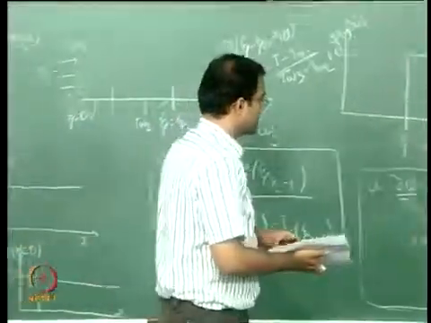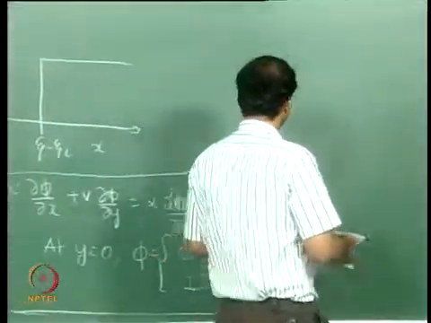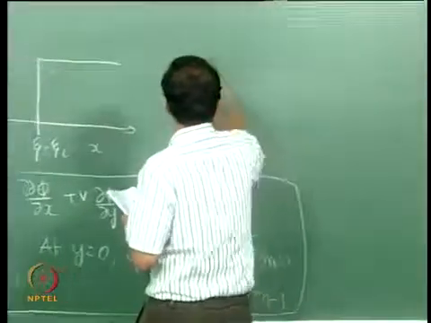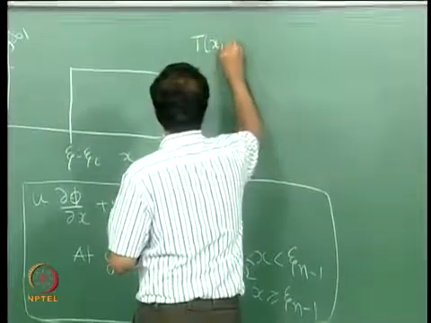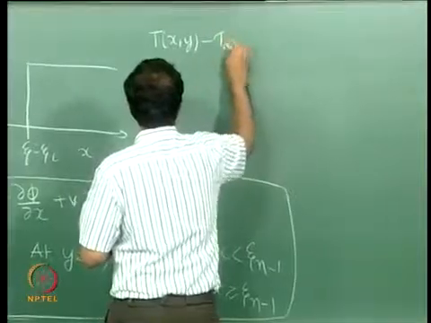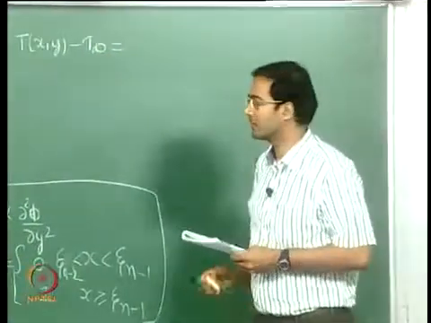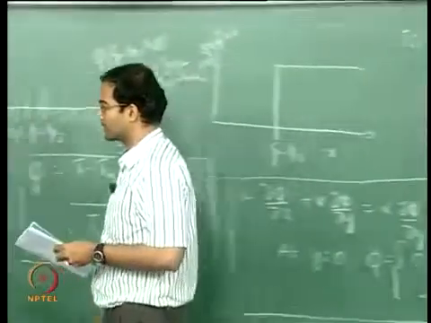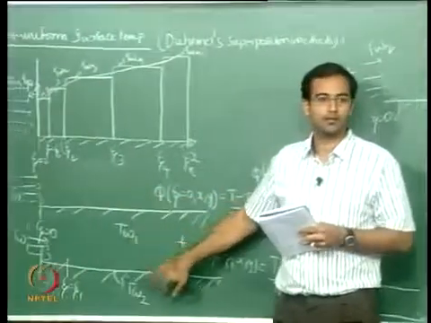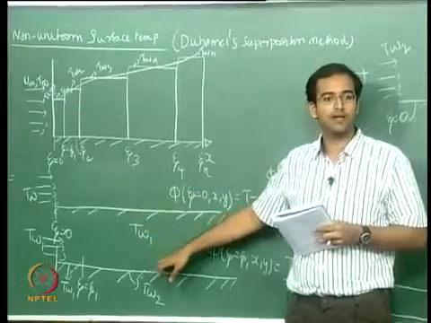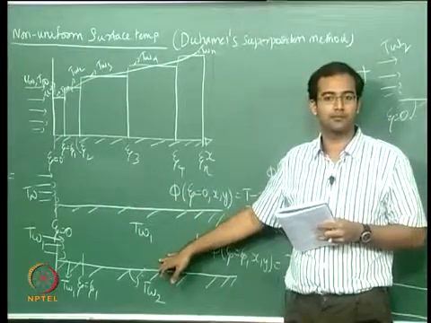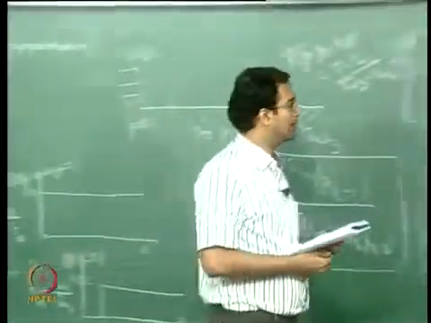Now therefore the solution to the problem for temperature, T minus T infinity, this is what we finally want to find out. We have broken this into sub problems, and for each we already have the solution. We have the unheated starting length problem, so we can just combine all these.